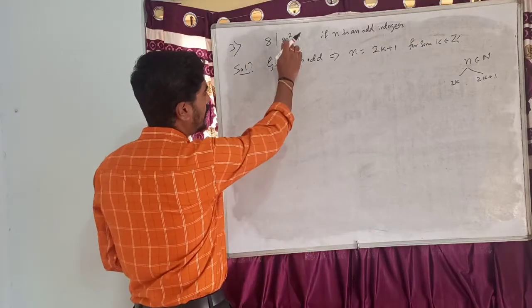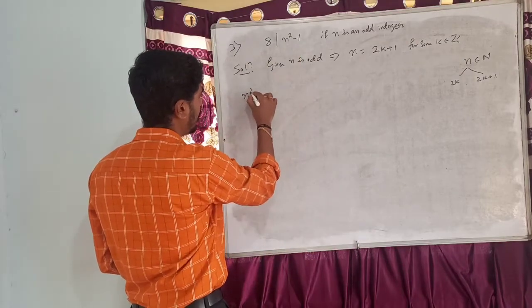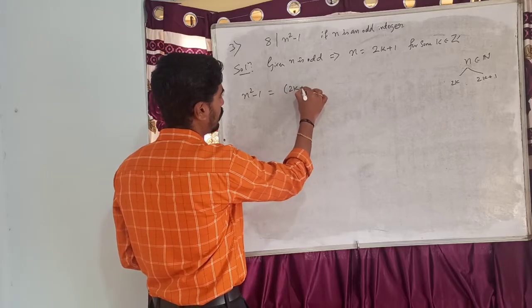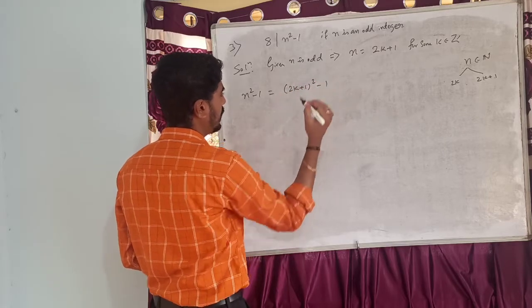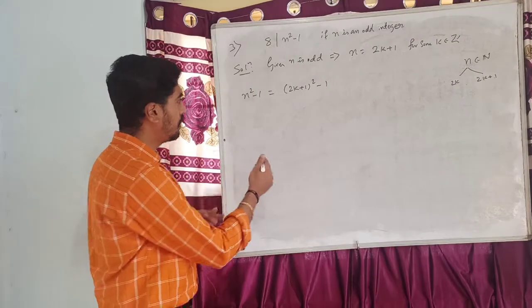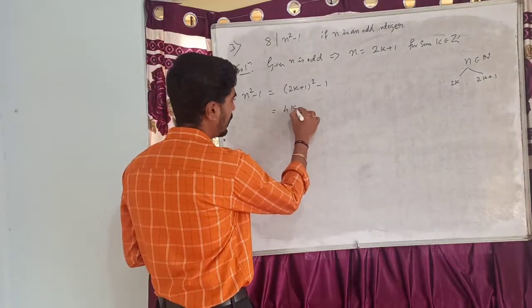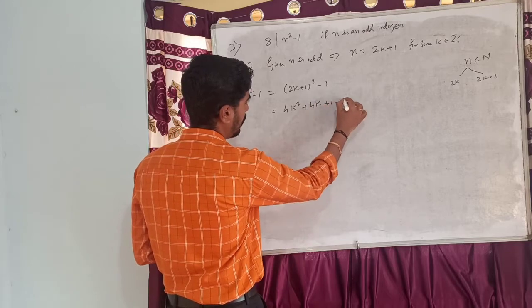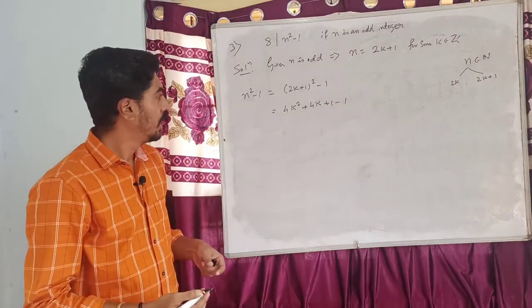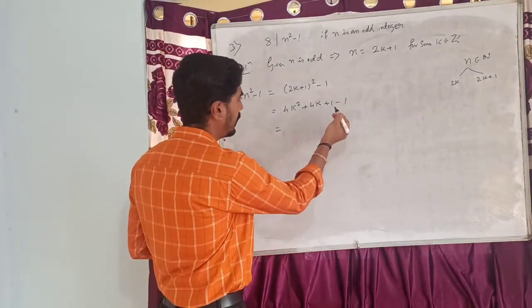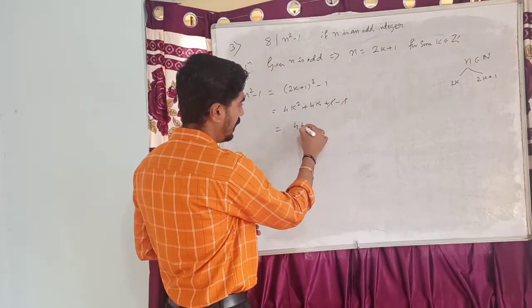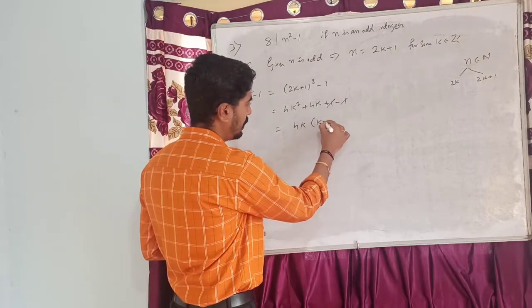Now consider n square minus 1, which is equal to 2k plus 1 whole square minus 1. If I simplify this, I get here 4k square plus 4k plus 1 minus 1. Here 1 gets cancelled. If I take 4k as common, I get here 4k into k plus 1.